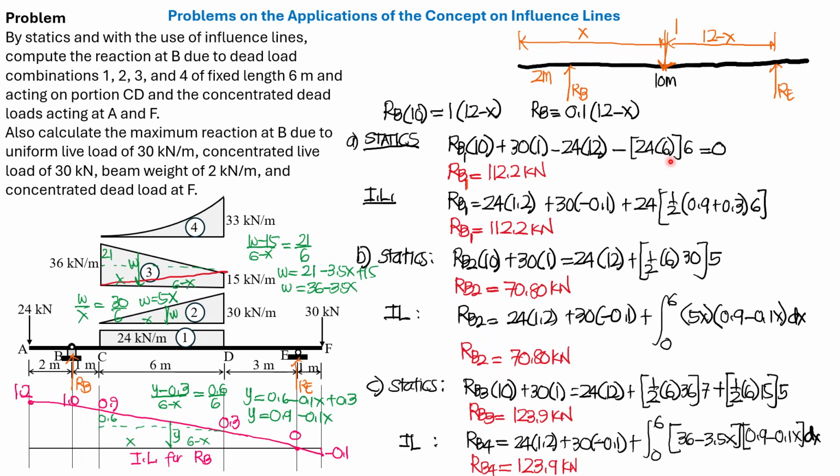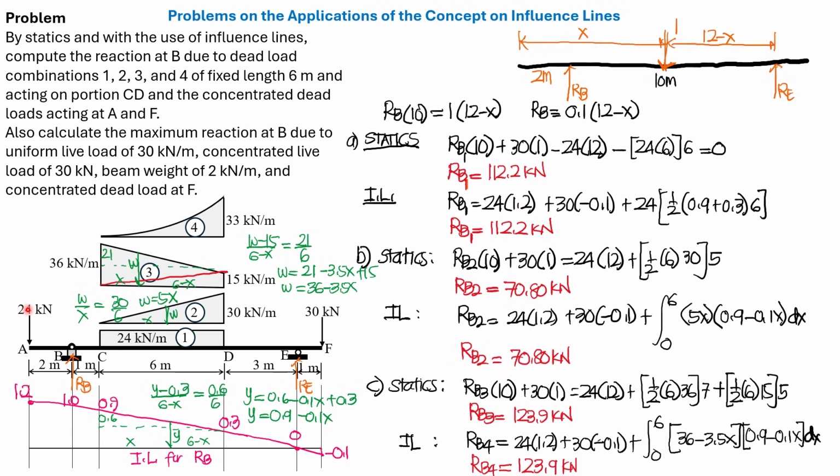So 24 times 6 times 6 equals 0. Solving for the reaction at B due to this loading, 112.2 kilonewtons.